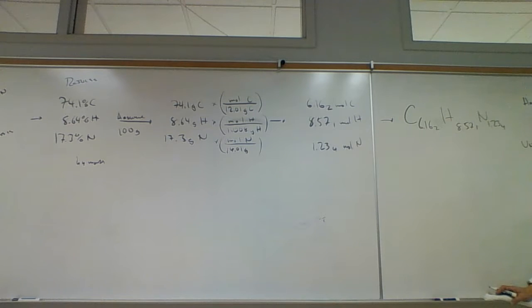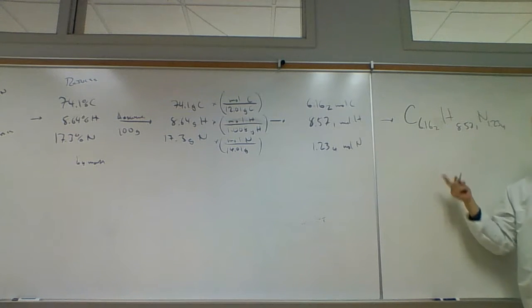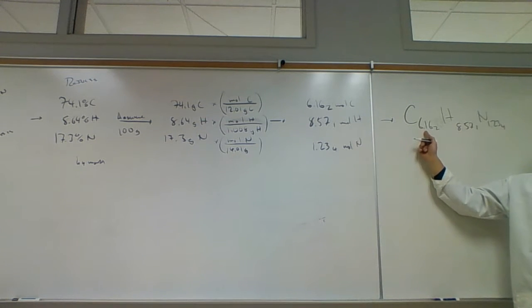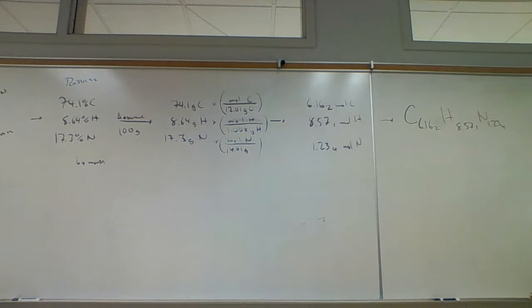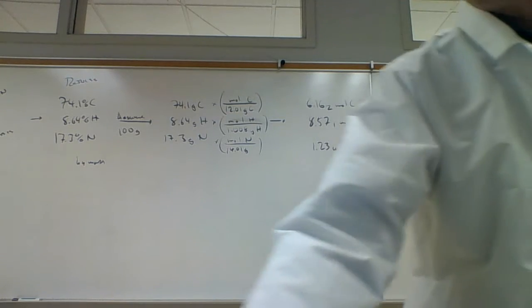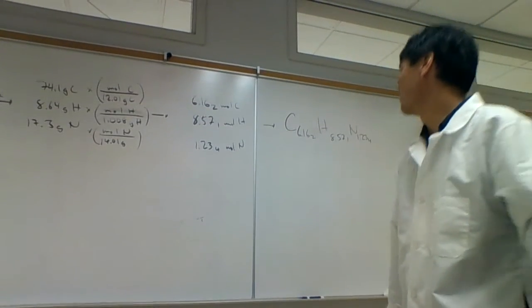When I look at this mole ratio, this looks just as bad as the mass ratio. In terms of moles, this is fine, but in terms of atoms, is it possible to have 6.16 atoms? No. And so thinking in terms of atom ratio here, I'm going to convert it into whole numbers.